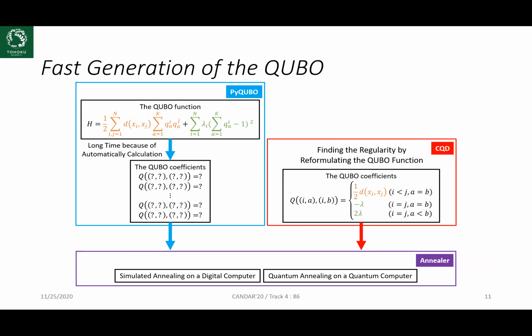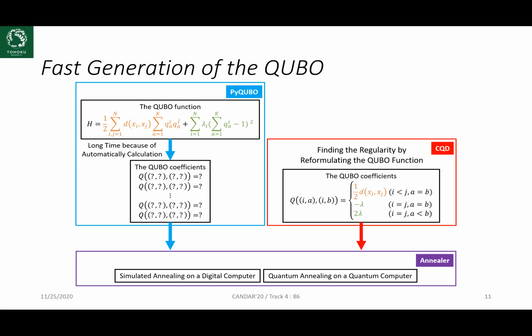However, the execution time of PyQUBO is long because the system computes the QUBO coefficients automatically. We propose a method to generate the QUBO matrix using a method to assign QUBO coefficients to the QUBO matrix effectively. This method is called compact QUBO definition (CQD).